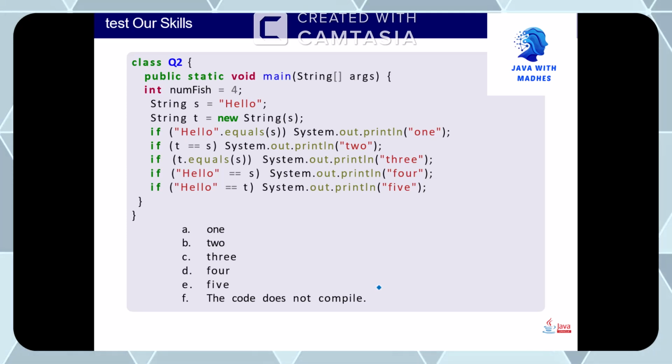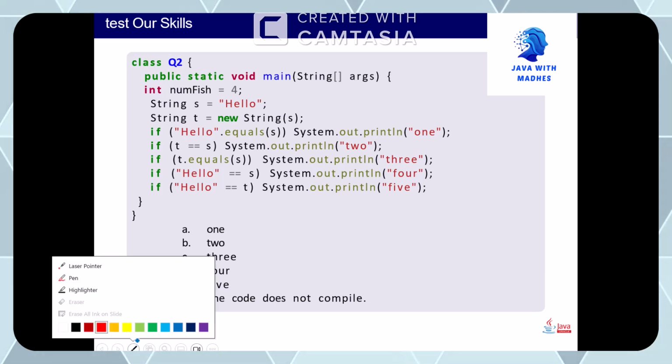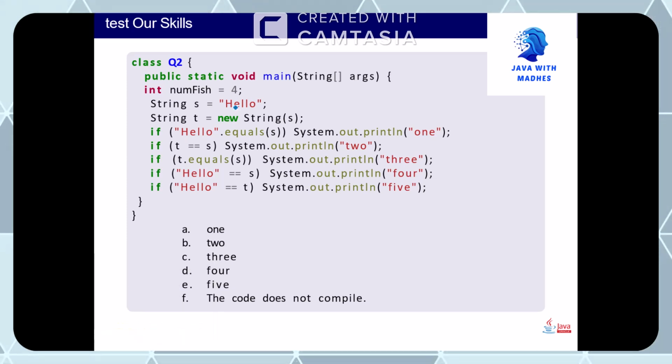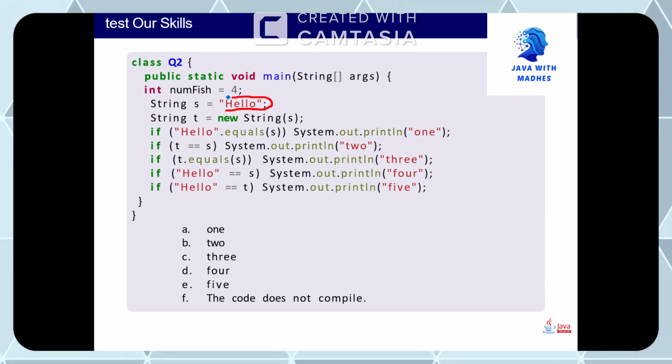Next question. This is a very interesting and important question. We'll check one by one. Here numFish is 4 and s is hello. So you have created the string using the string literal concept.